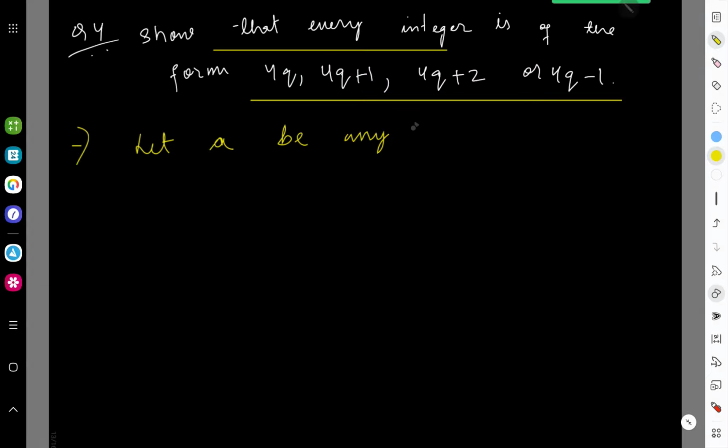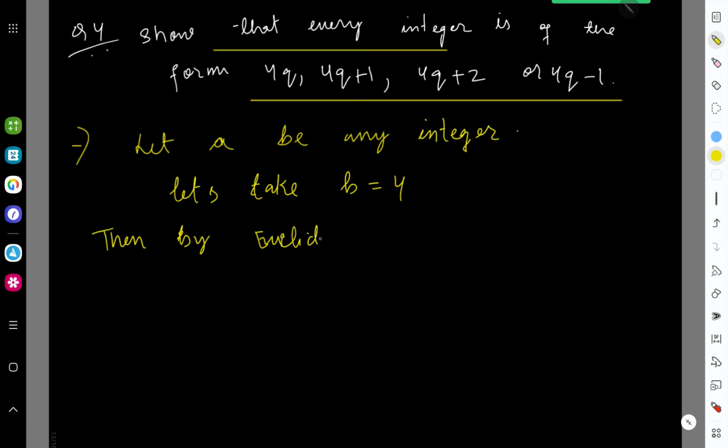So let a be any integer, and let's take b equal to 4. Let us use Euclid's division lemma then. By Euclid's division lemma, a is equal to our divisor 4 times the quotient, plus the remainder.